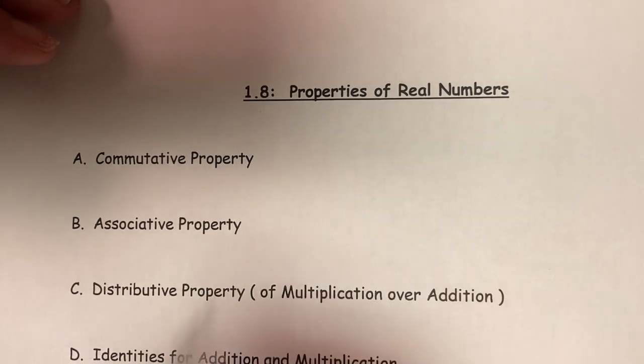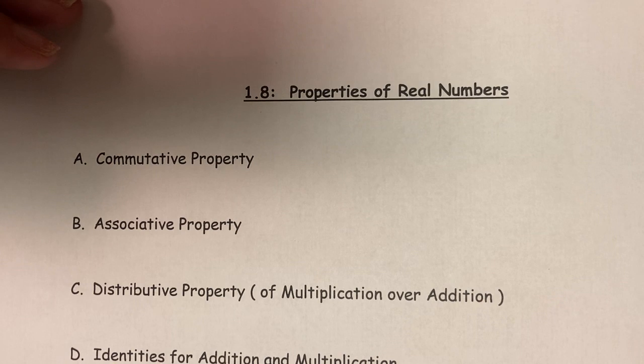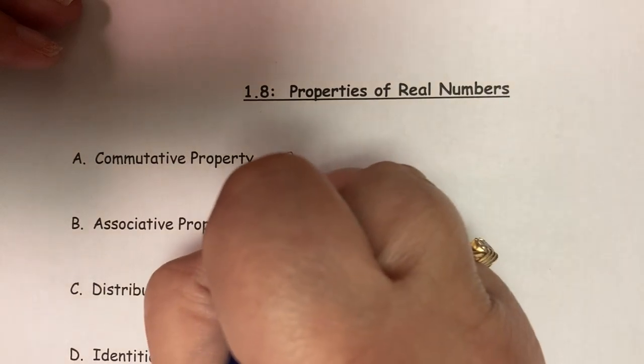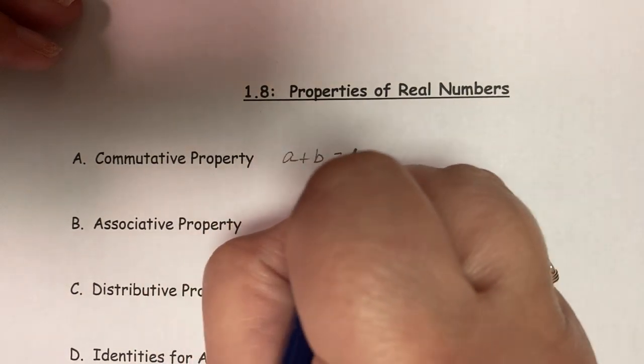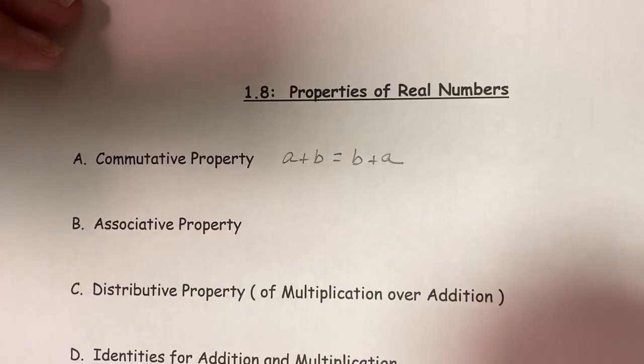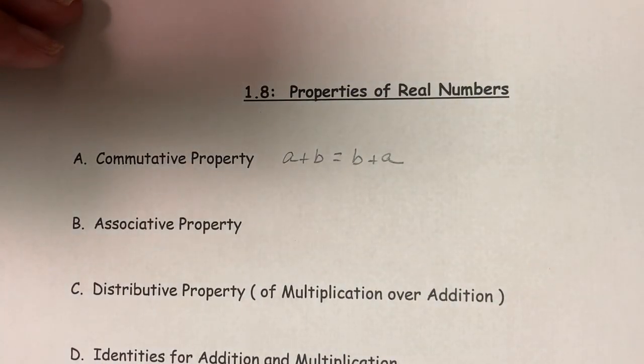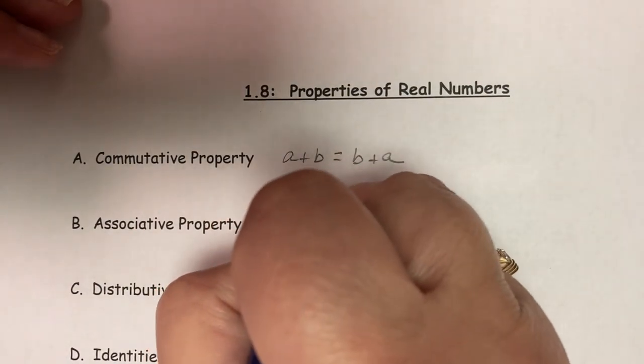So the commutative property basically says it doesn't matter what order you add or multiply numbers in. So A plus B is exactly the same as B plus A. And the same holds true for multiplication.